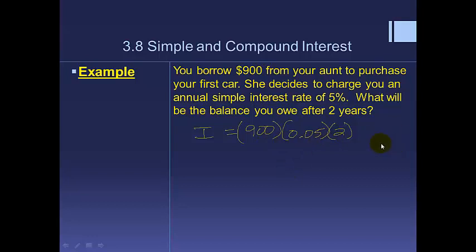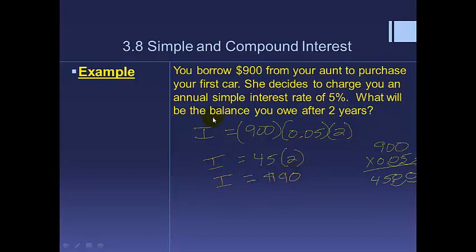So I'm going to go ahead and do the first 2, so it's 900 times 0.05, which is 45.00. I have 2 numbers behind the decimal. I need 2 numbers behind the decimal. Okay, so it's going to be 45. So my interest is going to be $90.